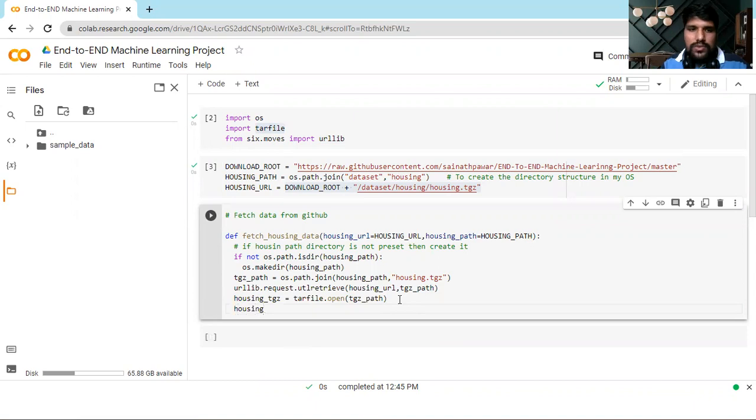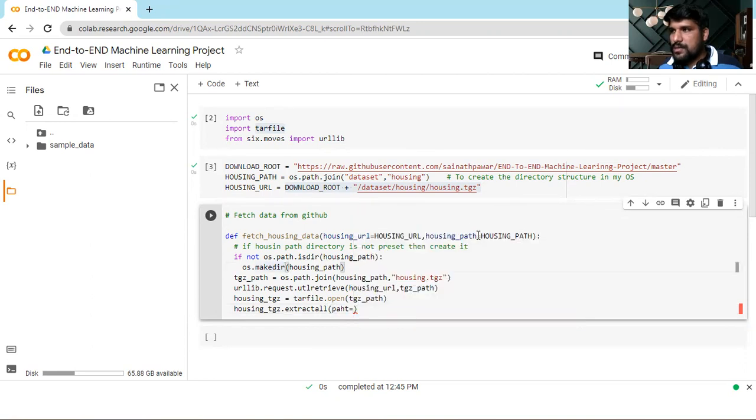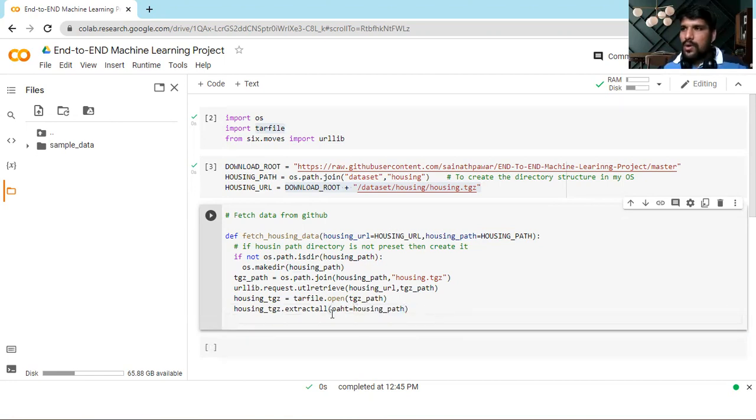So I use housing tgz.extractall. What is the path, where to save? The housing path. Where is the housing path? Yeah, here. Just to save time, I'm copy pasting. And then close this, because that is the requirement.